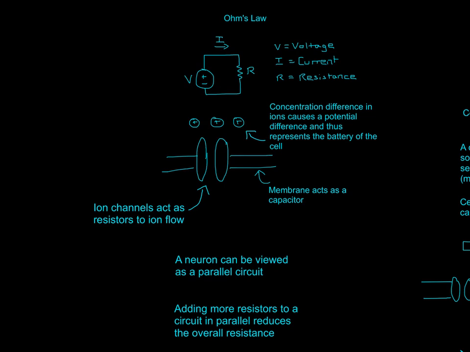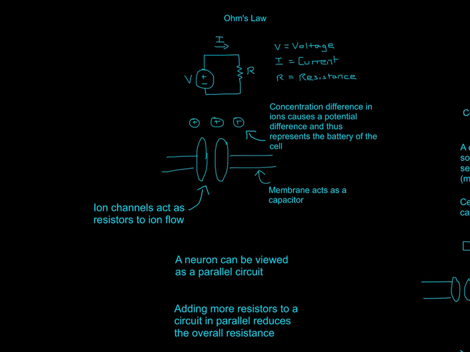The concentration difference of the sodium ions causes a potential difference, and so you can view the battery of the neuron as the ions themselves. Because what do the ions do? They cause the potential difference, and that's what the battery does in a circuit.